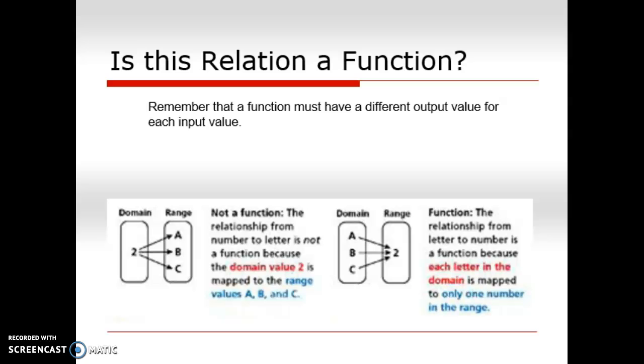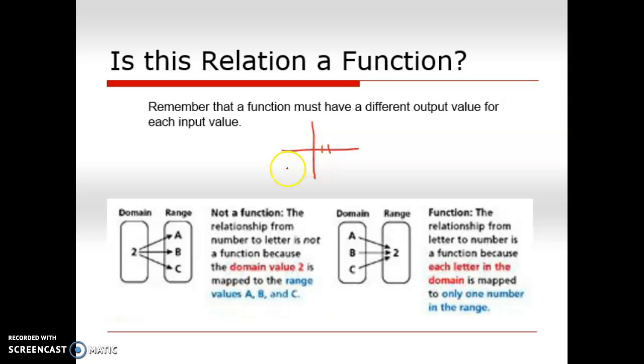So then you've got to decide, is this relation a function? A function must have a different output value for each input value. So right here, this one, 2 going to A, B, and C, is not a function. And I always think of it in terms of the coordinate plane because of the vertical line test.